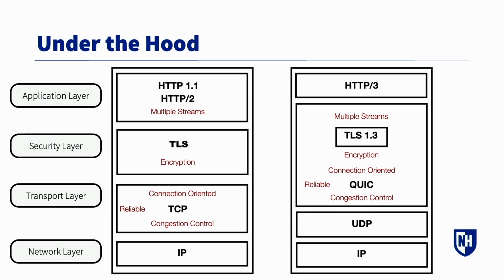So if we quickly look into how the protocol stack looks, all the details from the TCP layer, for example, in the security layer, TLS 1.3 is integrated into the transport layer of QUIC, and in the application layer, the multiple streams are integrated within the transport layer of QUIC.